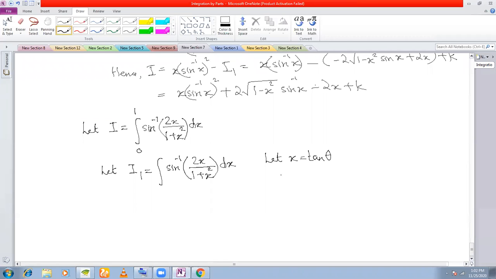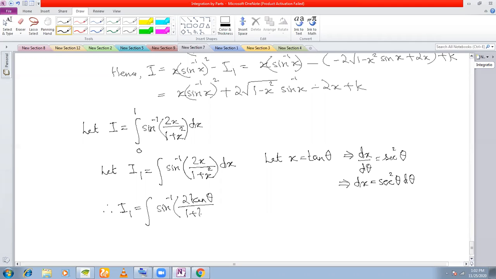So that means dx becomes sec square theta d theta, right? So let us now put it. Therefore, I1 becomes integral sin inverse 2 tan theta by 1 plus tan square theta.